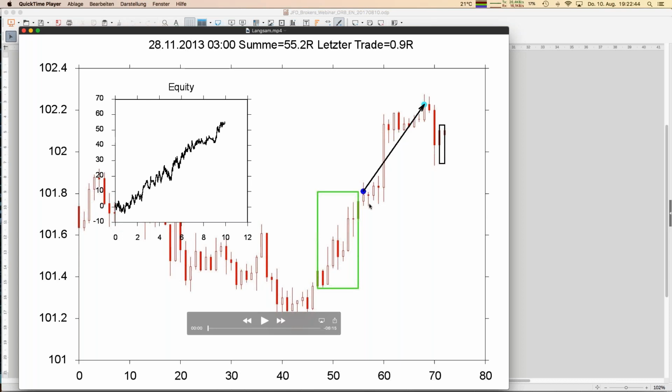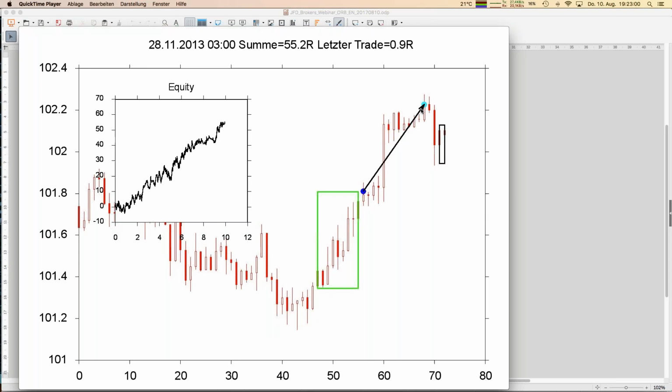They create the range. And then in this case, the buy stop order, which would have been placed exactly with the end of that candle. Then that buy stop order has been triggered. And later in the day, either the take profit is reached or not.